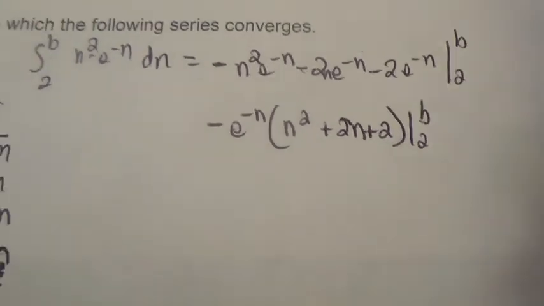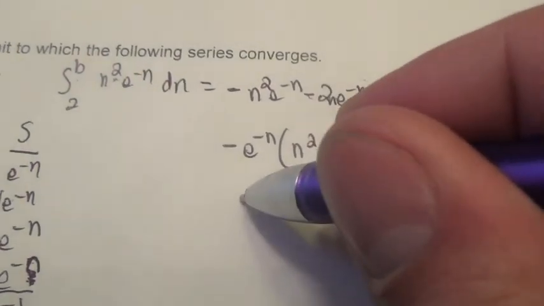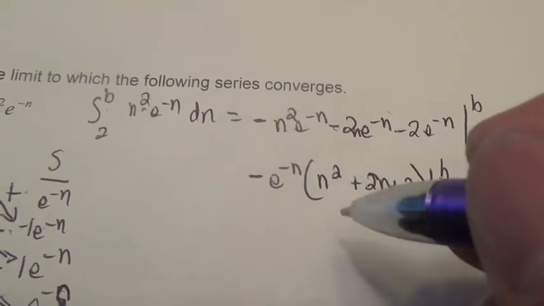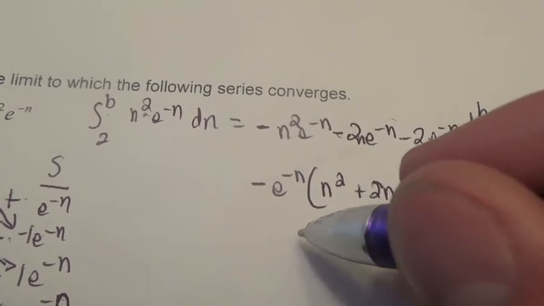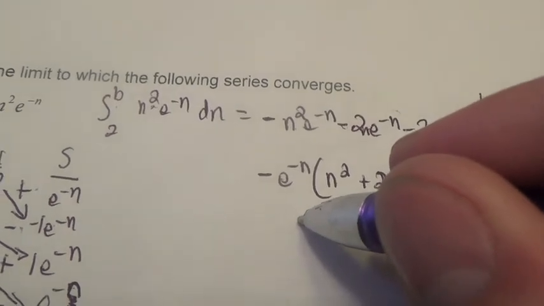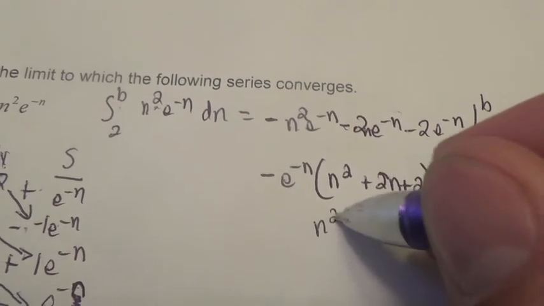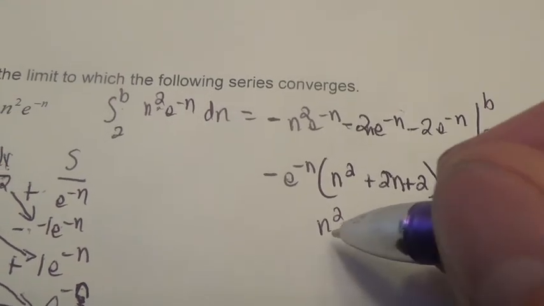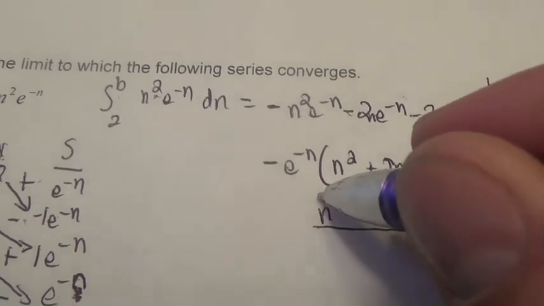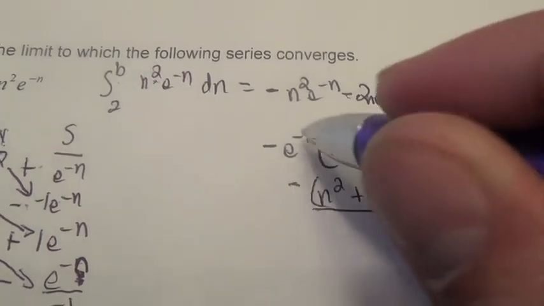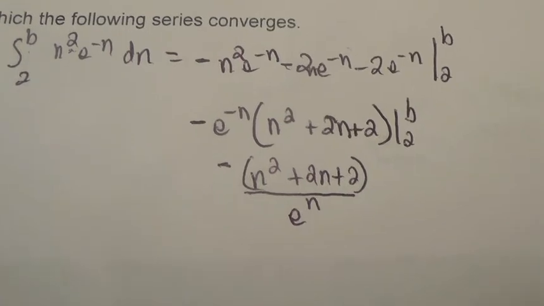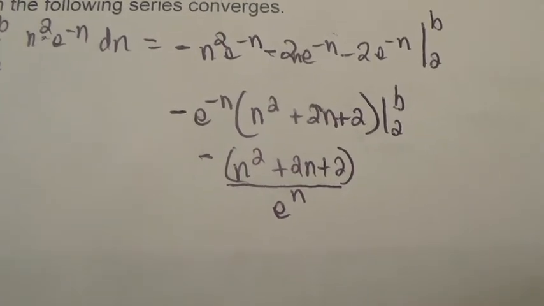Go ahead, plug in your upper limit. Actually, let's do it this way. Let's do our n squared plus 2n plus 2. Leave these parentheses here, put the negative out in front, and then we're going to put this e to the negative n in our denominator. It's probably the safest route to go.